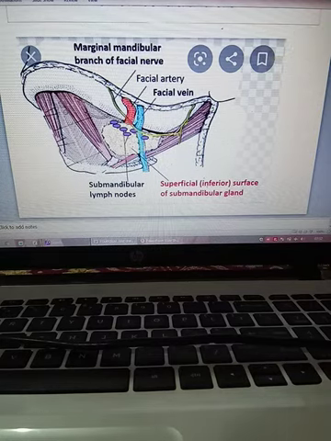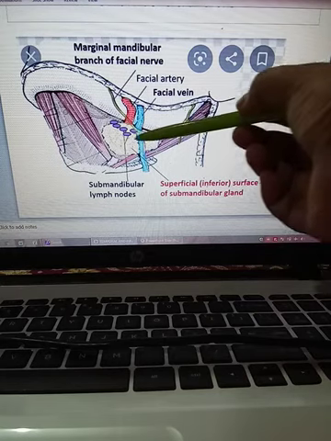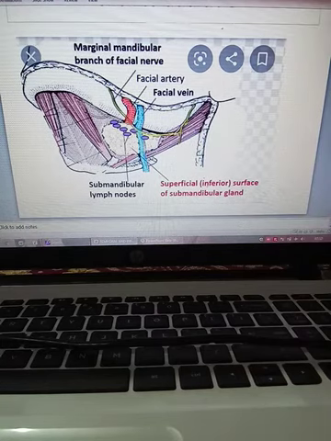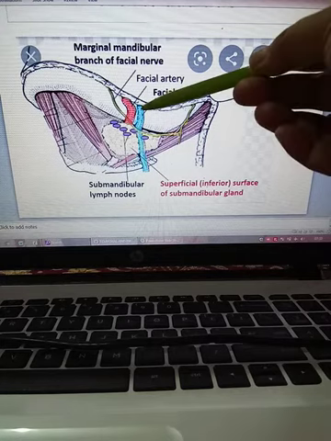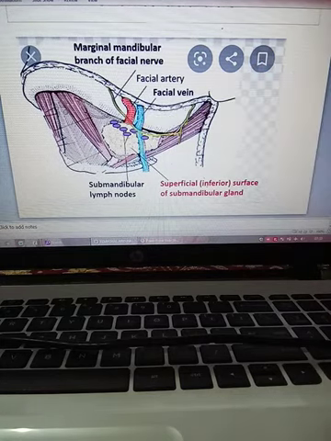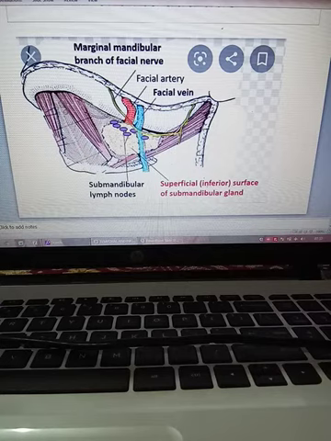Then you have to remove the platysma. Then you have a facial nerve here, its cervical branch. Then comes your deep fascia. Beneath your facial nerve, you have your deep fascia. Then this is your facial vein, and you have the submandibular lymph nodes. These things come in the relations of the inferior surface.